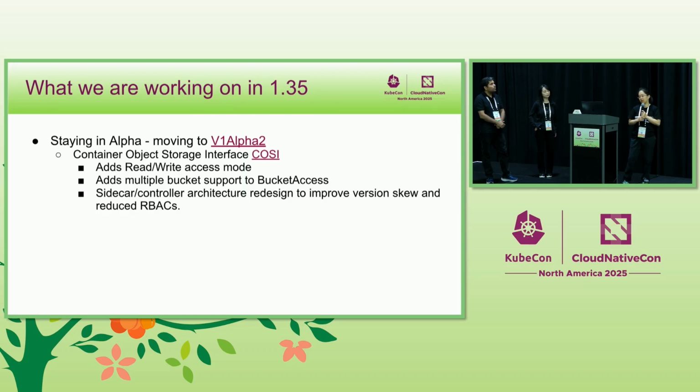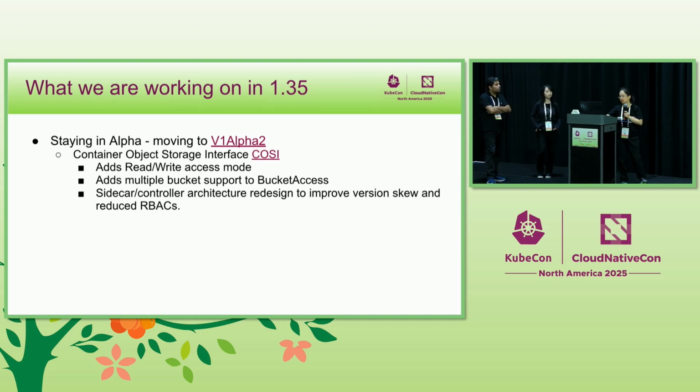With the move to V1 Alpha 2, a couple new features were added, such as supporting read-write access modes, allowing the bucket access to specify multiple buckets, and also redesigning the sidecar and the controllers to be able to solve some version skew challenges, as well as improving the security posture by reducing the amount of RBACs that you have to give to the sidecars.